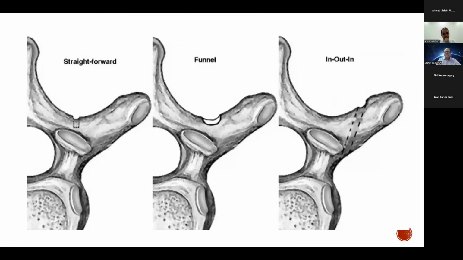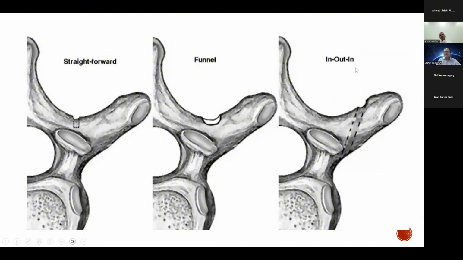Now there are 3 ways of placing pedicle screws in the thoracic spine. As you can see in the anatomy, one can go straight from the base of the transverse process, the junction of the transverse process and the articular process, into the pedicle, or one can go a little laterally and make a funnel, going angulated depending on the level of the thoracic spine, because the angle of the pedicle differs in the upper thoracic spine, the middle thoracic spine, and the lower thoracic spine.